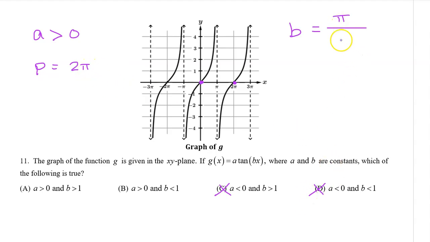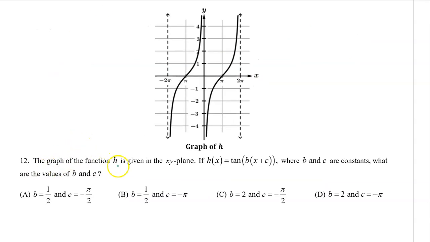So that's going to be pi divided by 2 pi. The pi's cancel out, leaving a B value of 1/2. And 1/2 is less than 1. So that's why the answer is B.